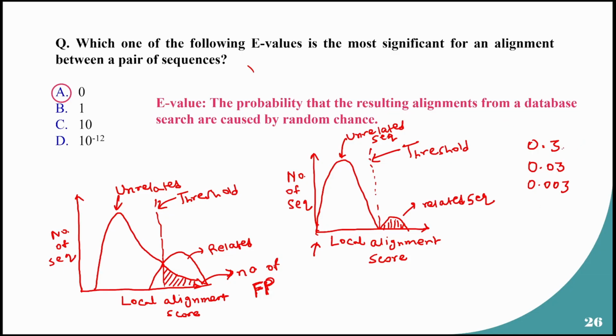So of course, this one will be much less significant. This will also be very less significant. This will be more significant than the other two, because the lower the e-value, the more accurate the alignment will be. Okay, so that's the interpretation of this.